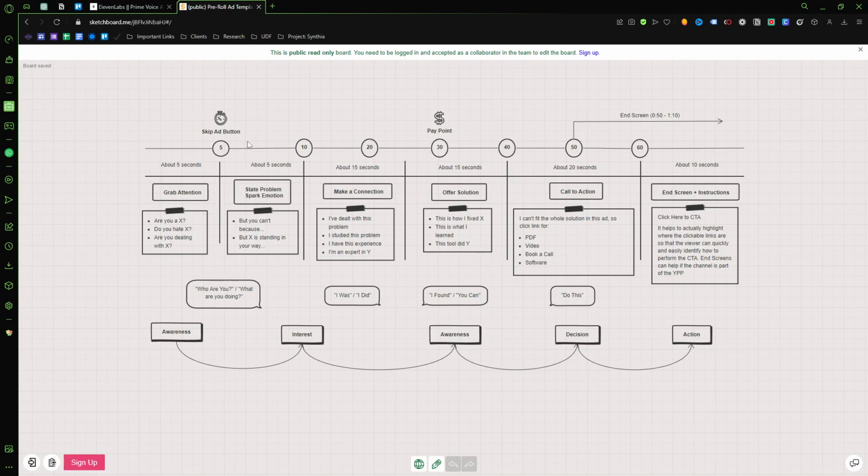The other cool thing about this is that it is divided into very specific segments based on time. So if I go into my analytics afterwards and I see that there's a big drop off around the 30-second mark, I know that the offer isn't strong enough. So I need to either word it differently, or make sure it's actually connecting to the problem that I mentioned at the beginning of the video.